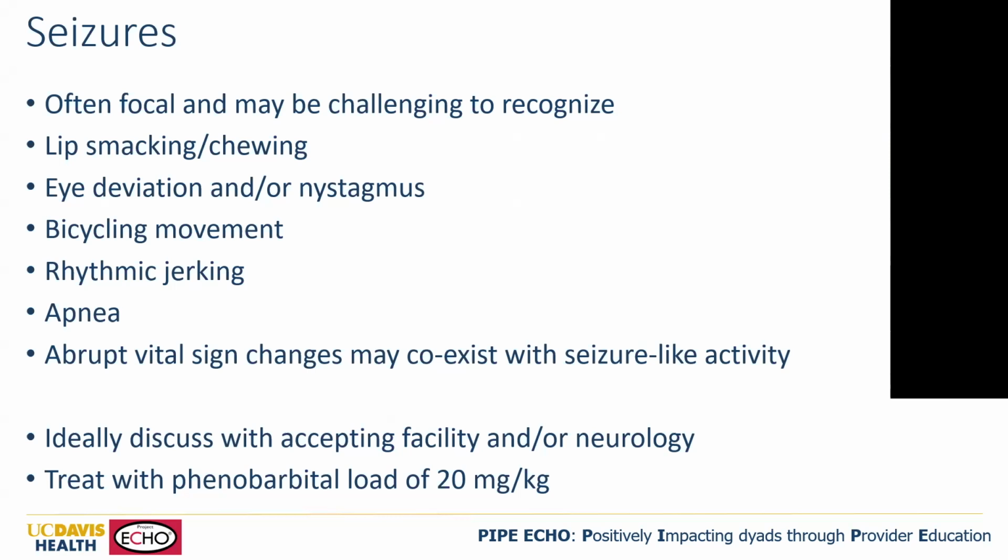So I encourage everyone, if at all possible, to have a video of it that you can send, and obviously try not to have any identifying information for the patient, like an armband, if you can avoid it. But if you can't, I think it's still important to send that to the referring or transferring facility, because then the accepting facility can really see what that looked like, and also use that as a framework to watch that baby.